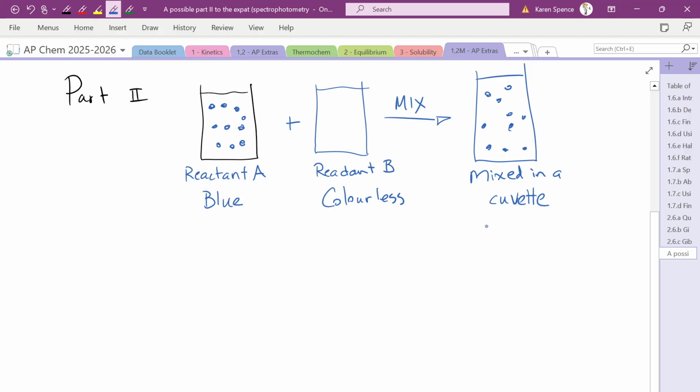Okay, so we've got them mixed in a cuvette. And what's gonna happen, and now they will start to react. So we're gonna have time 0, 1, 2, 3, 4, 5, 6, 7, 8, 9, 10. I got 10 little dots in there.